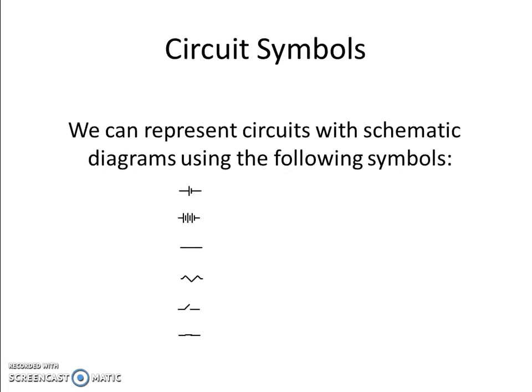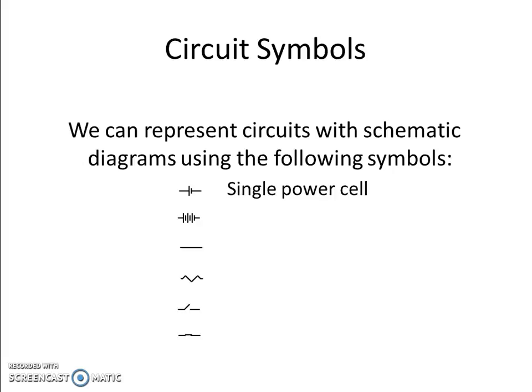Okay, we typically describe the components of our circuits with a few simple symbols. So we usually draw our circuits. Sometimes we'll describe them, but most of the time we will draw them, use pictures. And we'll represent the components in our circuits with these and a few other symbols.